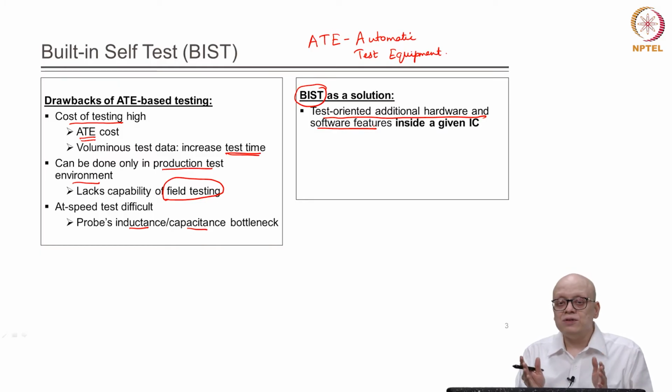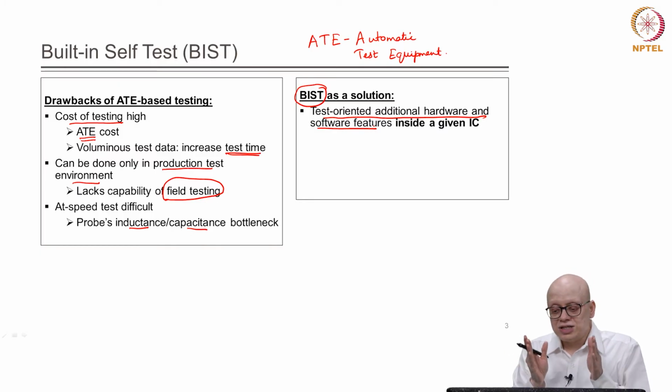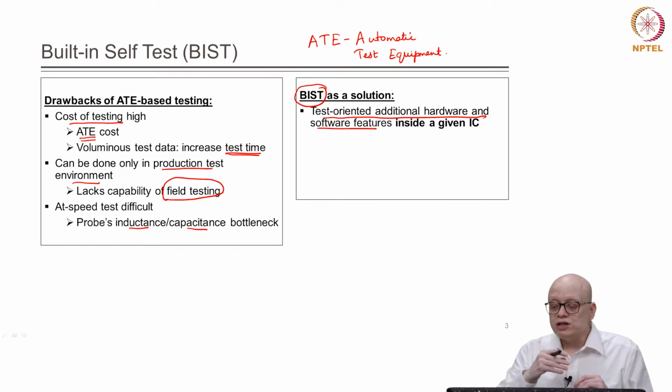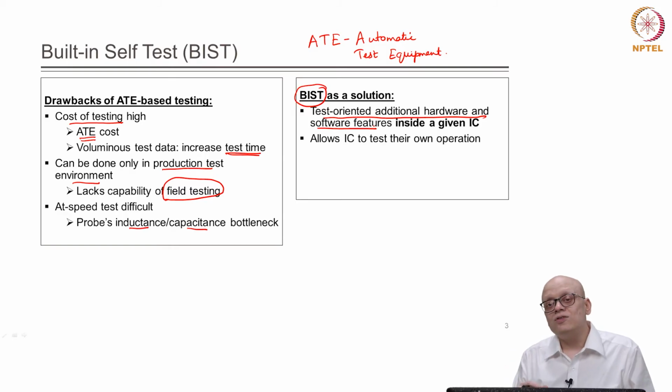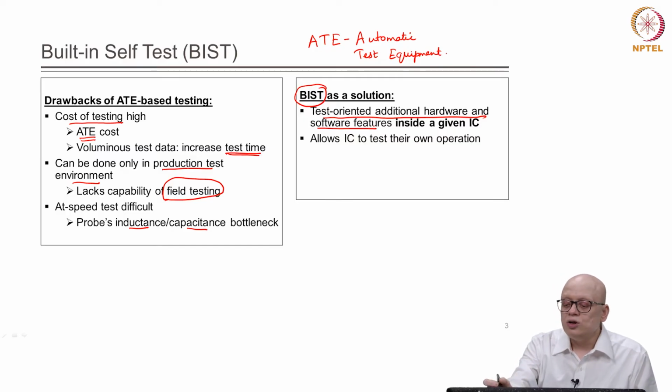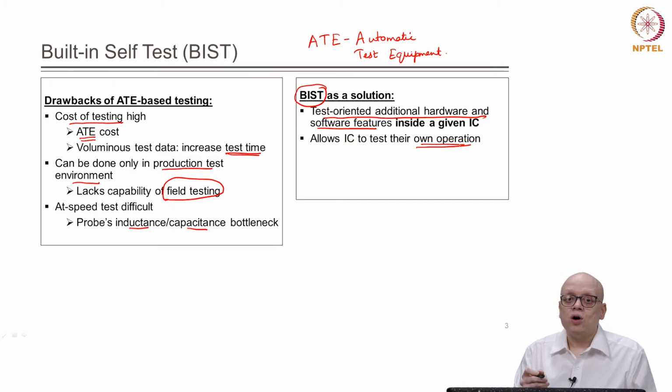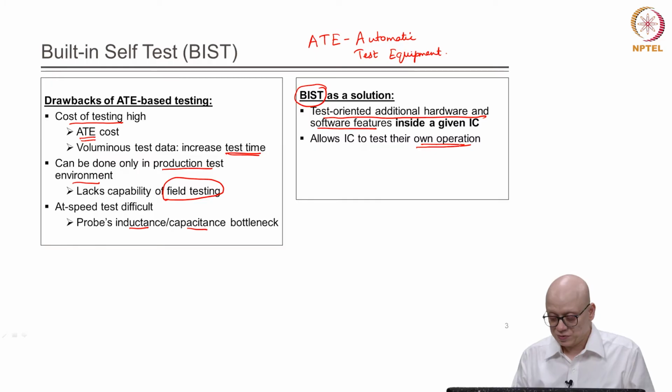So, inside our chip we have some special hardware and software which will do the testing of an IC internally. Given an IC, the IC will test its own operation using the infrastructure of BIST or built-in self-test.